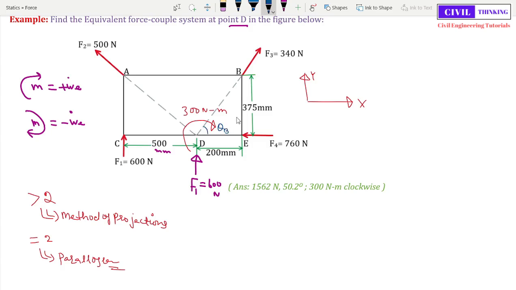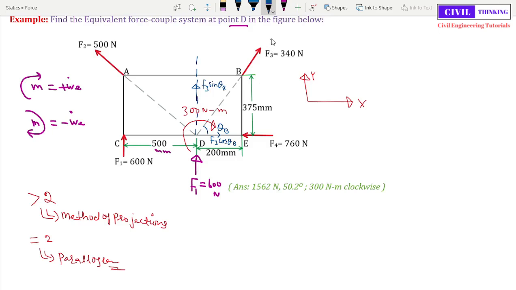So this is F3. From here the x component is going to be F3 cos theta B, and in the vertical direction, the y direction, there will be the y component of F3, which is going to be F3 sine theta B.